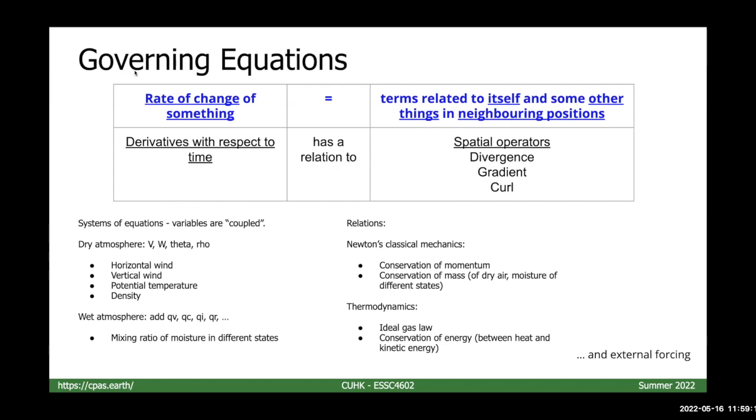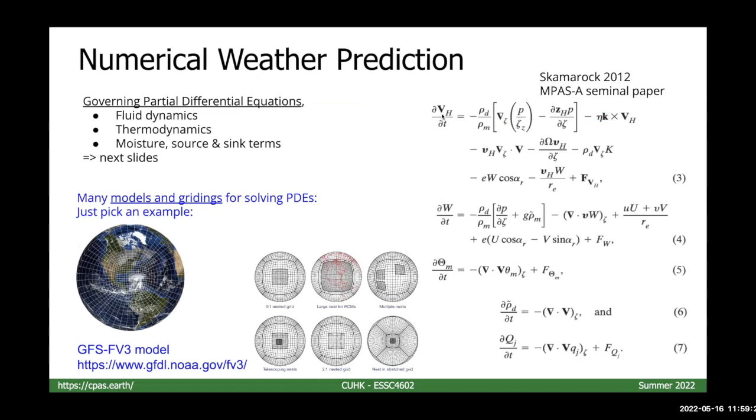And for these governing equations, the left-hand side is mostly the rate of change of something. If you know calculus, it is expressed as a derivative with respect to time. So you see ∂ something, ∂t here on the left-hand side. There are different things, but the left-hand side is always ∂ something, ∂t.